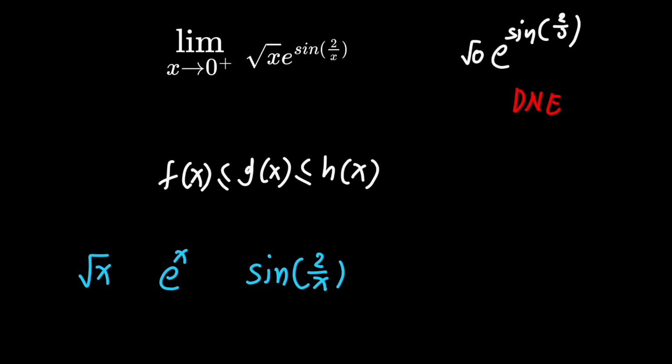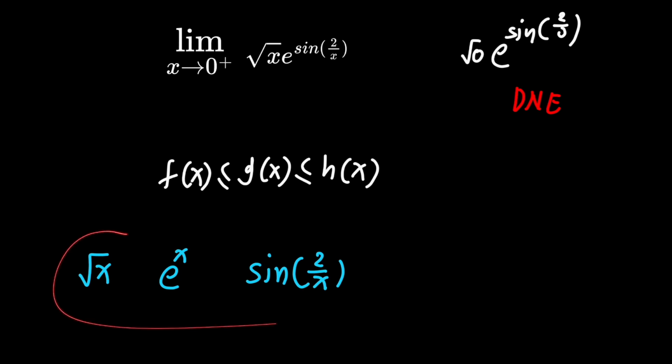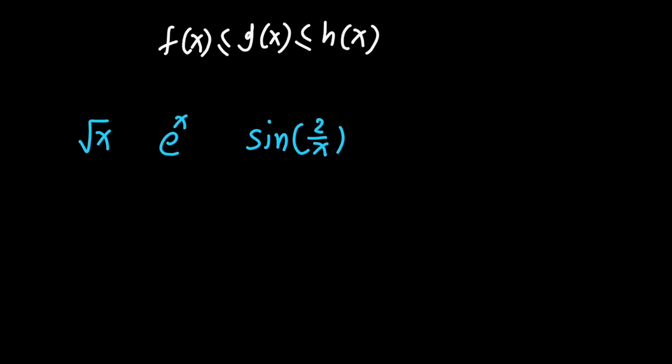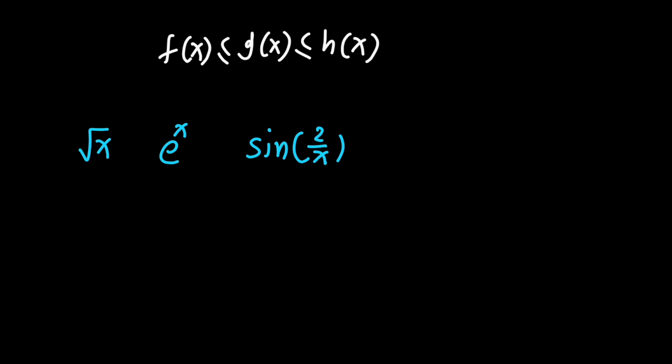From these three functions, which one is much easier to find the boundary? The answer is this trig function. Whenever you see the trig function, use it because the boundary is simply -1 and 1.